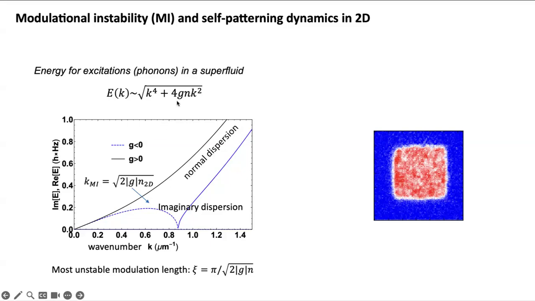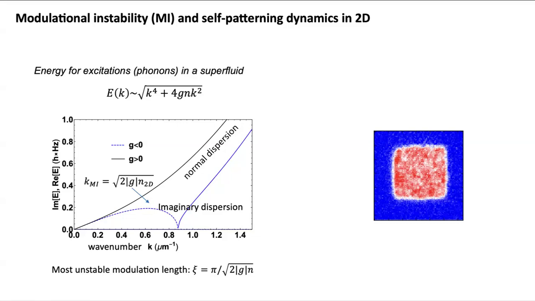But the problem is that once you quench the atomic interaction to attractive, it turns out that the energy dispersion becomes imaginary for a certain range of small momentum. And as I already conveyed to you, once you have imaginary dispersion, these perturbations start to grow.